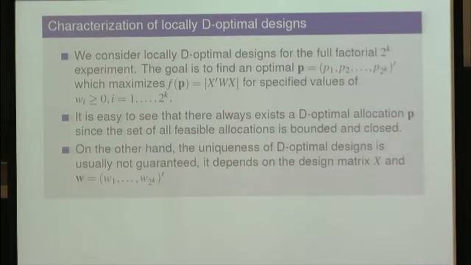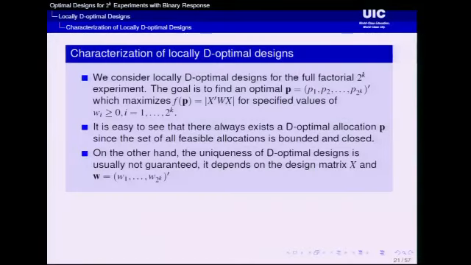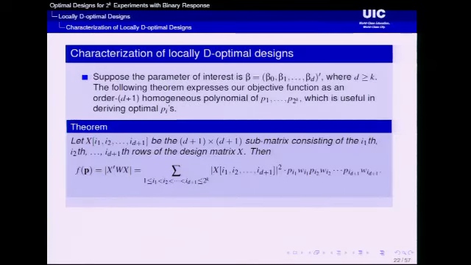All right. So now let's go to the more general case. Now, in the more general case, it's easy to see that the design exists, but the uniqueness is not always guaranteed. It's not very important to think about uniqueness.